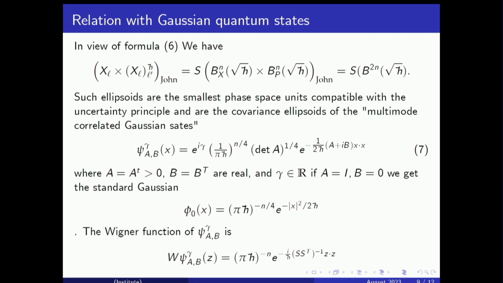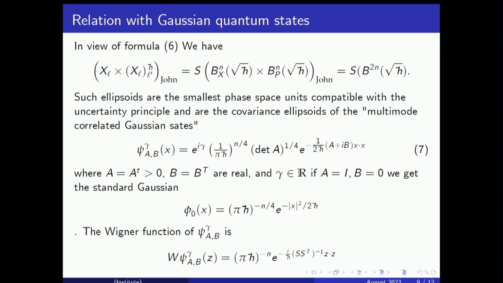It's just multiplication by a complex number with modulus 1. And then you have normalizing factors there, so the L² norm of that is equal to 1. A is positive definite, B is symmetric, and if you take A equal to the identity and B equal to 0, you recover the usual standard Gaussian state.